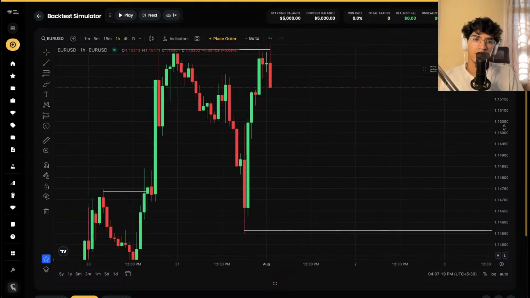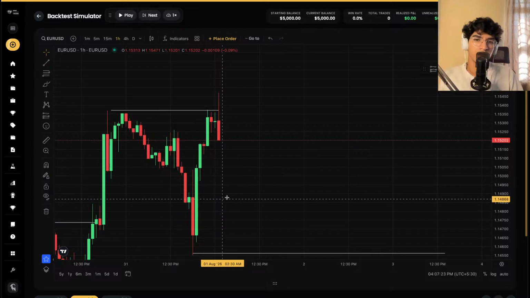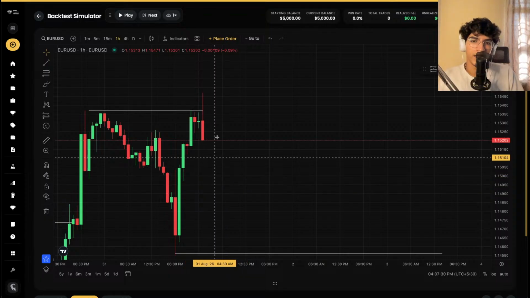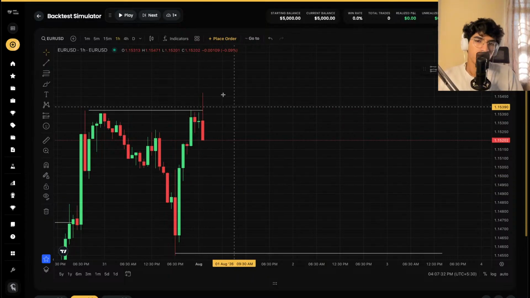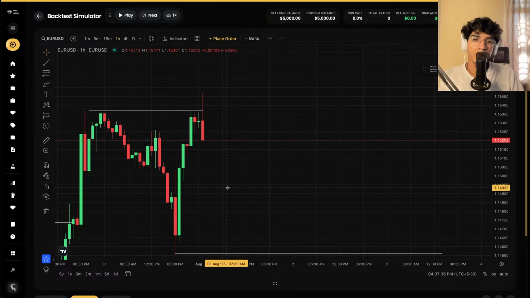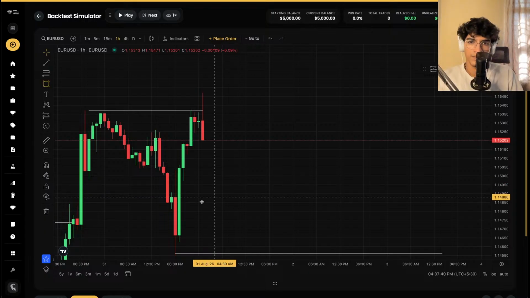You can't wait for the price to move till here, because it may take the whole day, since this is a higher time frame. So my bias will be bearish now until the pullback happens. After the pullback happens, I'll become bullish again. So that's it.